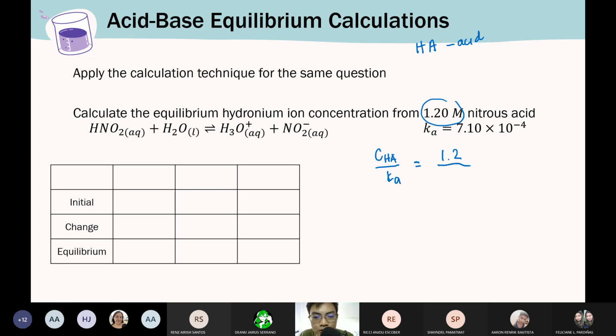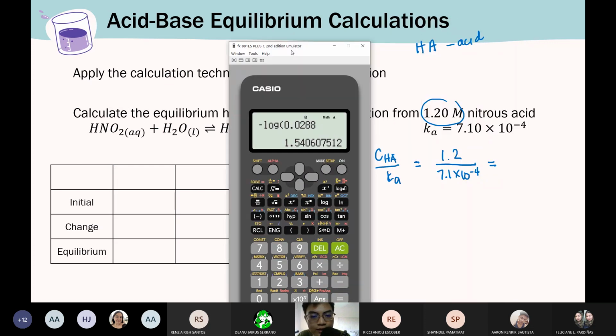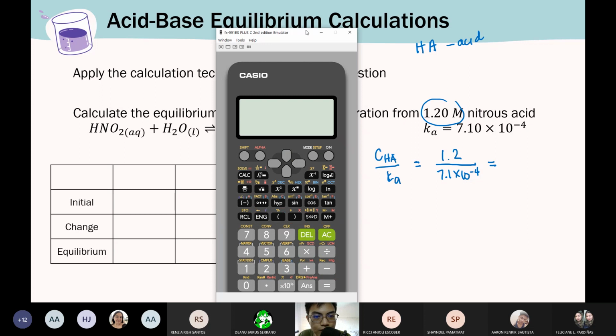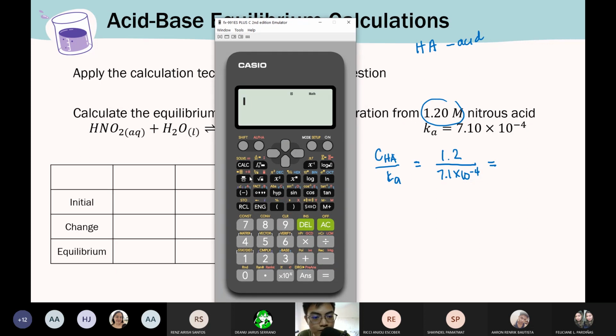So, 1.2. And then yung Ka, di-divide ko siya, no? So, what's the ratio? Kunin natin yung ratio. Oopsie. So, that's 1.2 divided by 7.1 times 10 raised to negative 4.